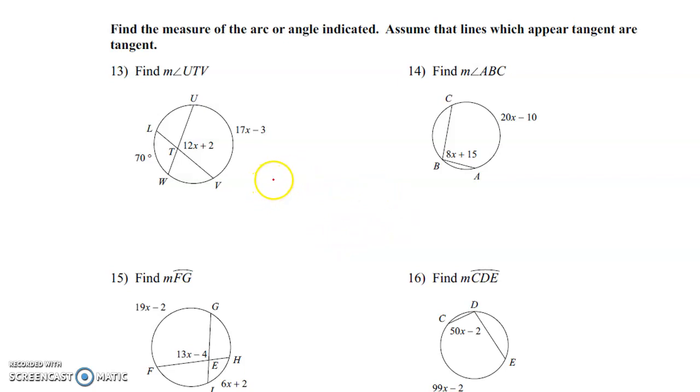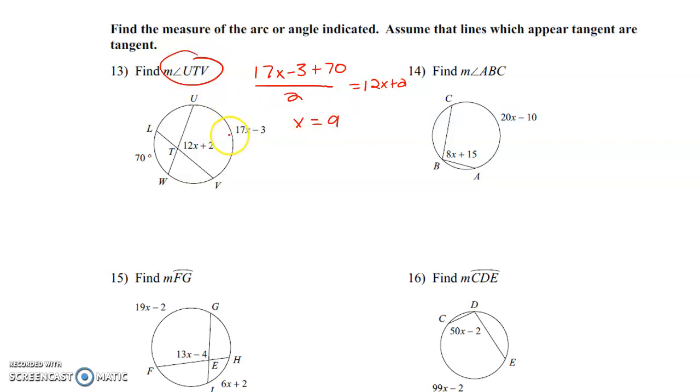Let's look at these. And we're just going to set these up, and then you'll solve. This one would be 17x minus 3 plus 70 divided by 2 equals 12x plus 2. When you solve, you should find out that x equals 9, but it says find the measure of angle UTB.